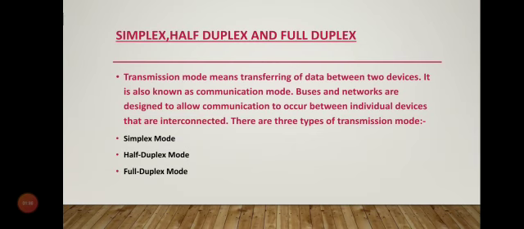My dear students, what is data transmission? Data transmission can be either over a short distance, for example from computer to printer, or over a longer distance, for example over a telephone network.